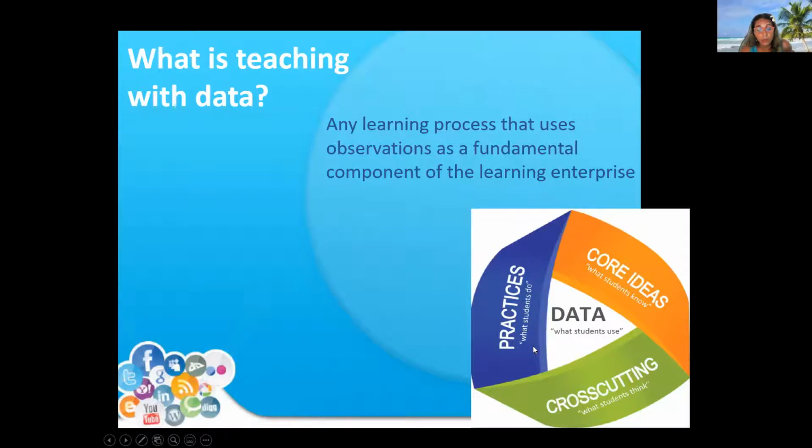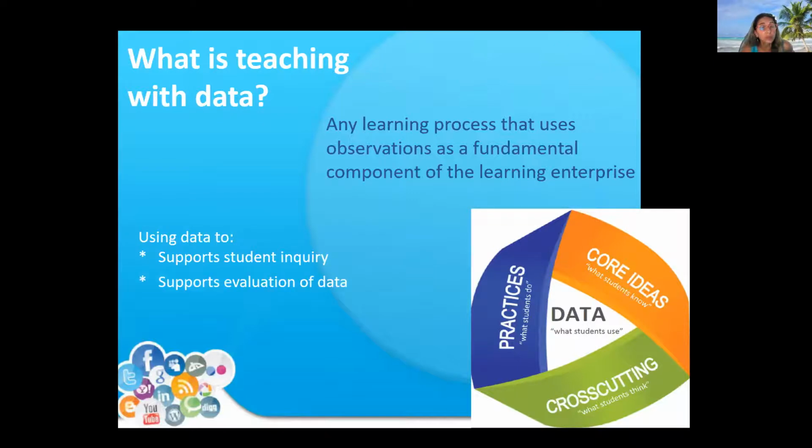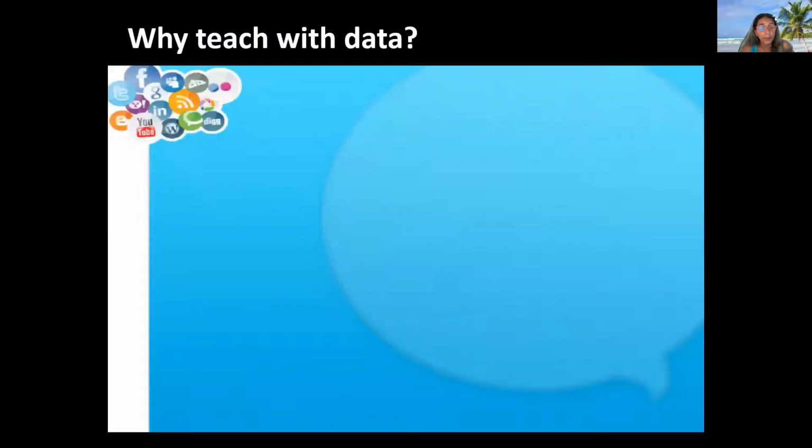The data will inform what the students do, what the students know, and how the students think. So this has to be deliberately done with the focus on the data. And then that data could be used to support students' inquiry, to support their ability to evaluate the data, and to improve their quantitative and critical thinking skills.